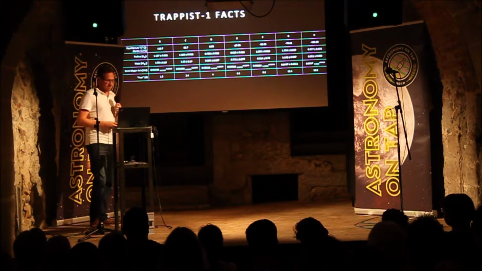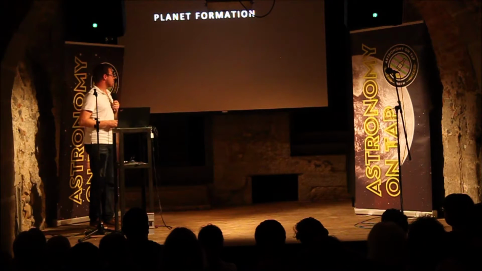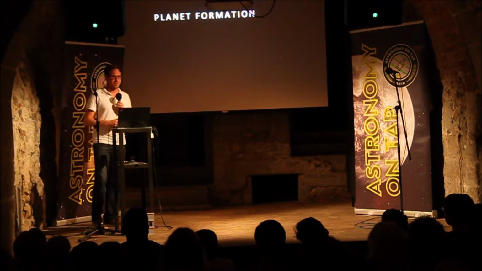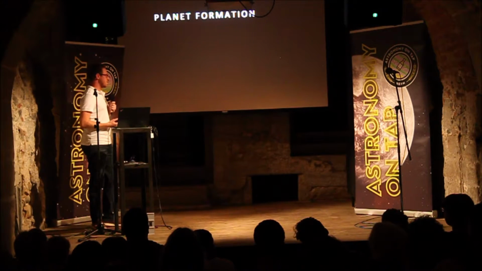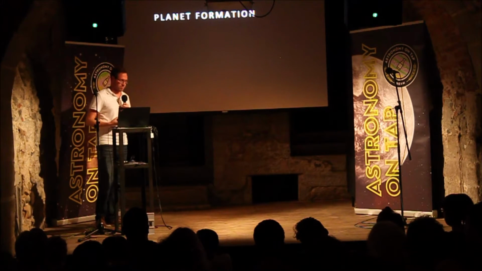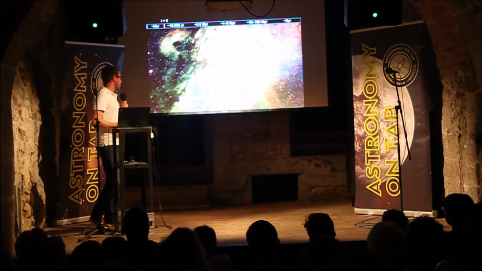And we, the theoreticians who care about planet formation, we like, of course, the masses, and we like to know how to get to those masses and to a system like that. And for that we have a model of planet formation.